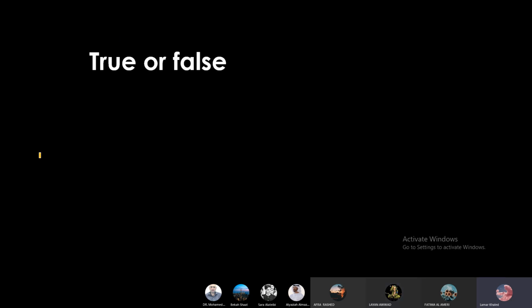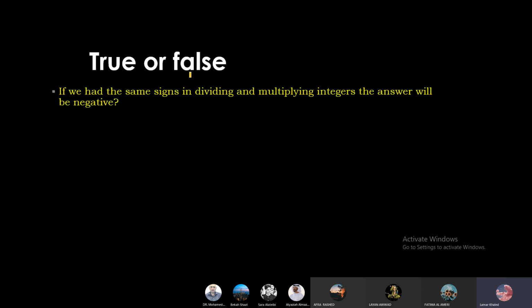Now we're going to do true or false. If we had the same signs in dividing and multiplying integers, the answer will be negative.